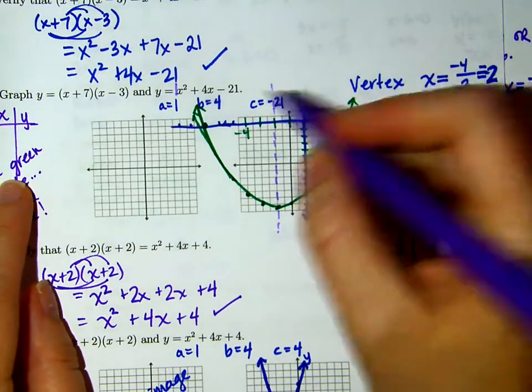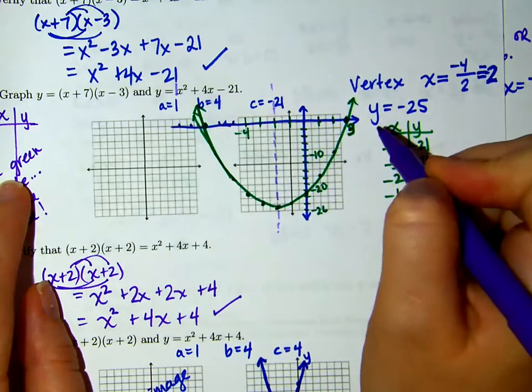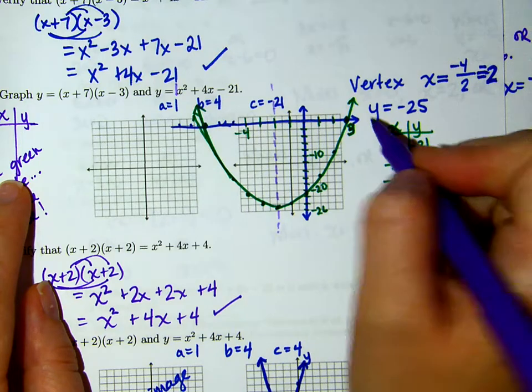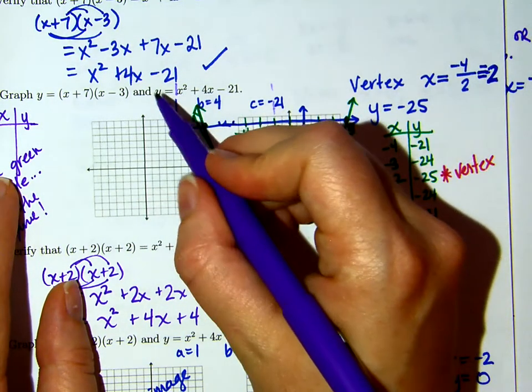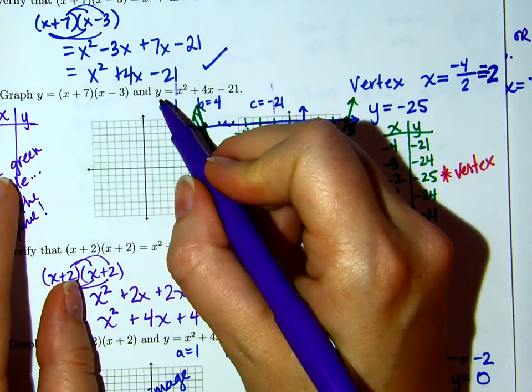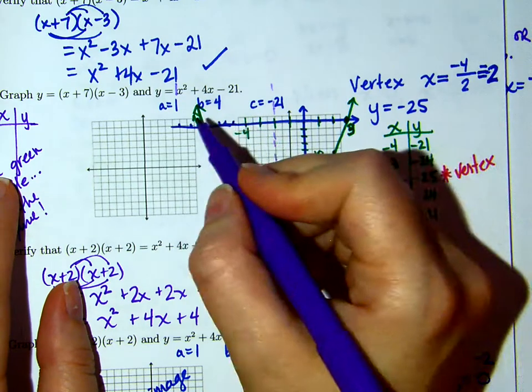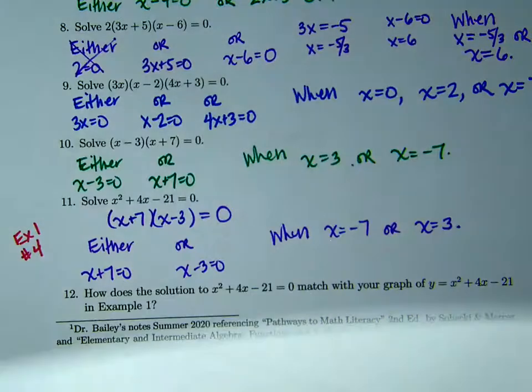Well, the 3 and the negative 7 are exactly where it crosses the x-axis. So when we set y equal to 0 instead of equals y, we get these two locations where it had hit the x-axis.